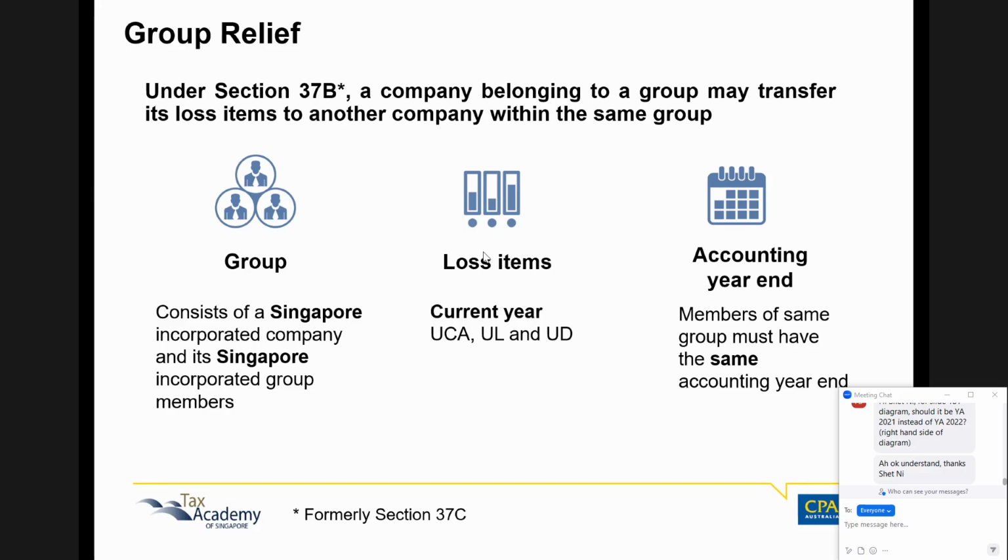Okay. But if let's say I am a profitable company, and I take in losses or UCA from other people, this will mean that I have more amount that I can deduct from my taxable income, meaning that I pay lower tax.